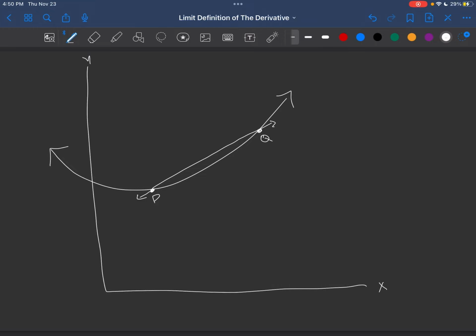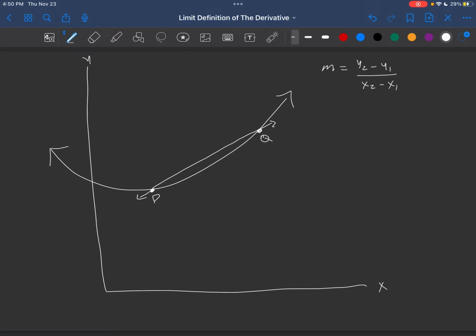In order to find the slope of this secant line, we need two coordinate pairs, right? Because we know the formula to find the slope of any line is the slope, which could be denoted as m, equals y sub 2 minus y sub 1 over x sub 2 minus x sub 1. So in this case, we need to find two coordinate pairs.